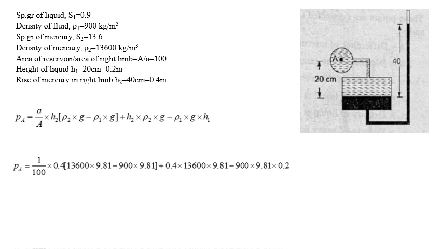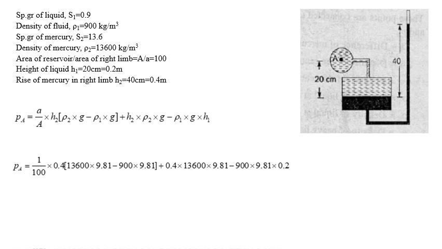So now here the ratio of small a to capital letter A, the area, is equals to 1 by 100. The H2 value is given as 40 centimeter, that is 0.4 meter. Then density of mercury is 13,600 multiplied with the 9.81 minus density of the liquid flowing through the pipe, 900 multiplied with the 9.81.